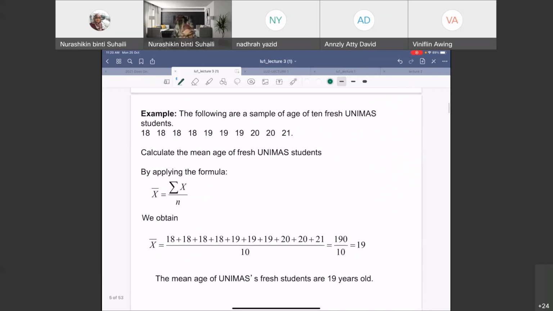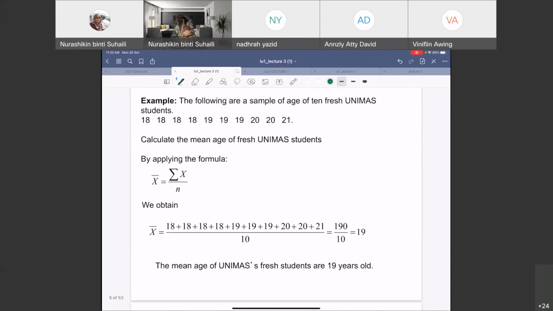To calculate the mean, you just add up all of this data and divide by 10. 10 here is the number of data: 1, 2, 3, 4, 5, 6, 7, 8, 9, 10. So you divide by 10 and you get this mean.